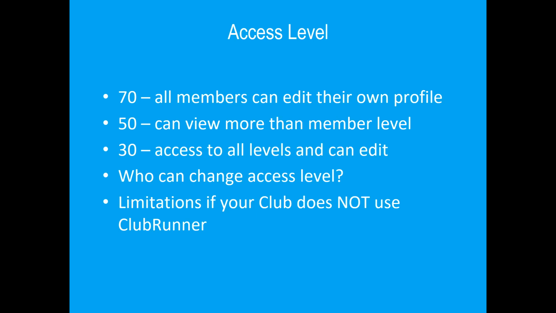You internally can't make that. So internally, you can indicate who the officers are, and Club Runner will grant that permission. But if you are a Club Runner user, you can add that information in yourself. So let me stop share and I'll show you how to change that.